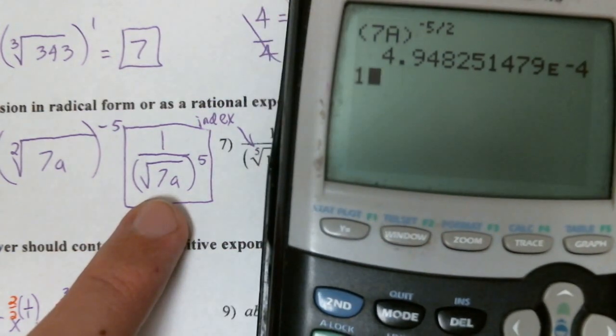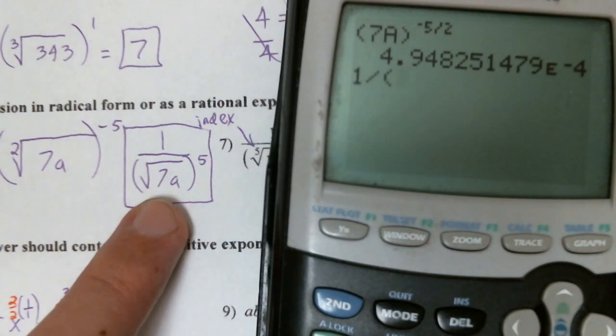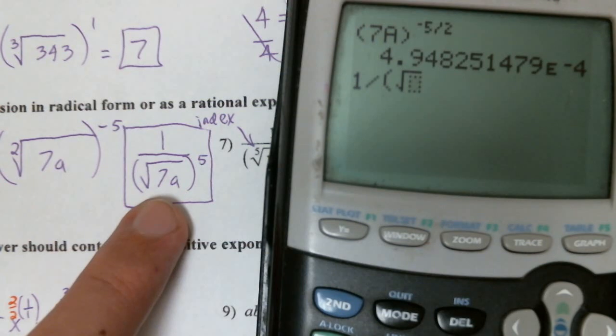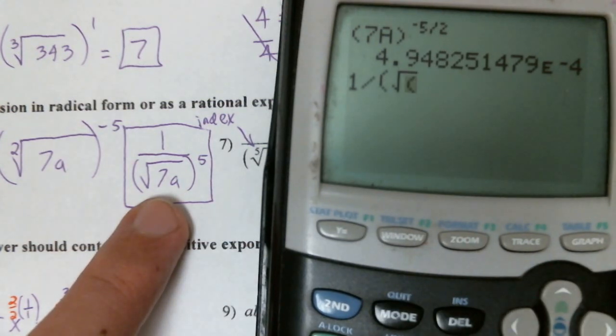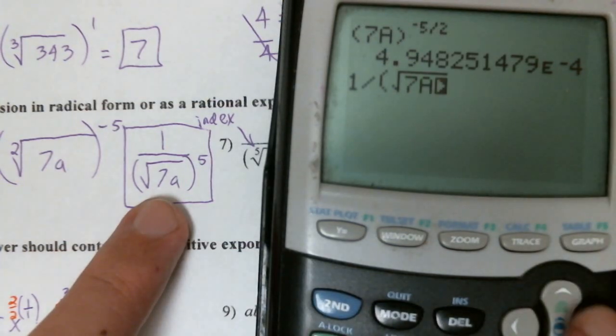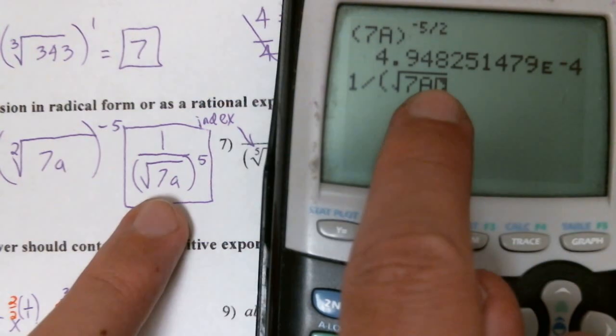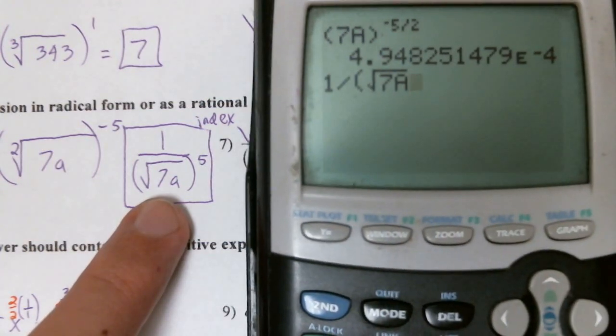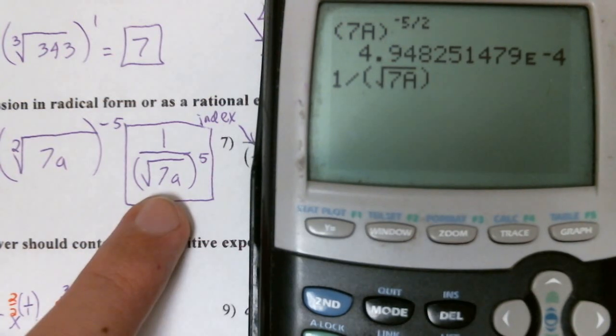Okay, 1 divided by parentheses the square root of 7a. Depending on your calculator, you may or may not need parentheses inside. Now notice that I'm still under the radical. So to get out of that, I've got to press the right arrow button. Now I'm outside the radical, and now I can close the parentheses and raise that to the 5th power.